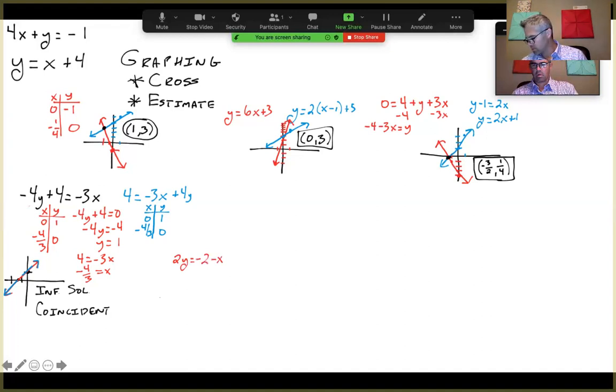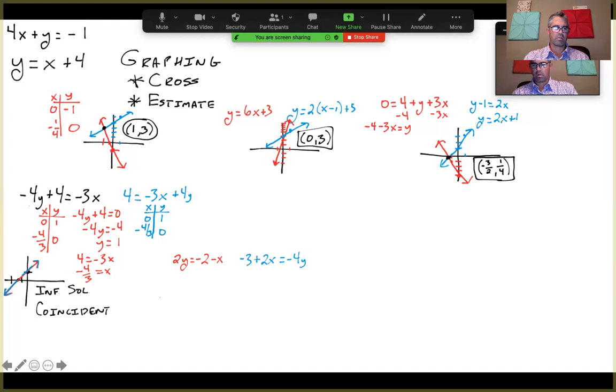It is, let's say, negative 3 plus 2x equals negative 4y.